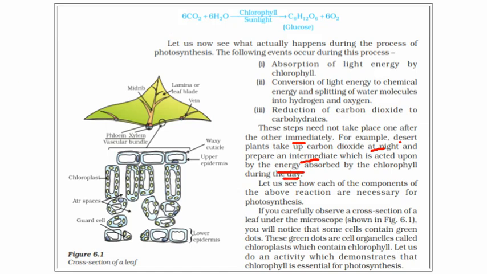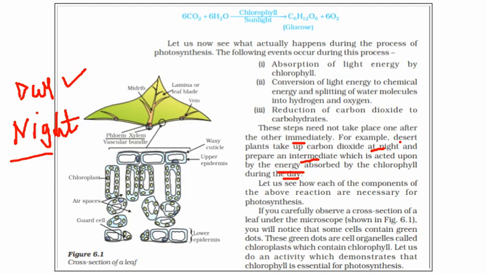So this is a day and night process. In the desert plant, photosynthesis is carried out in 2 steps, first during the day and second during the night.